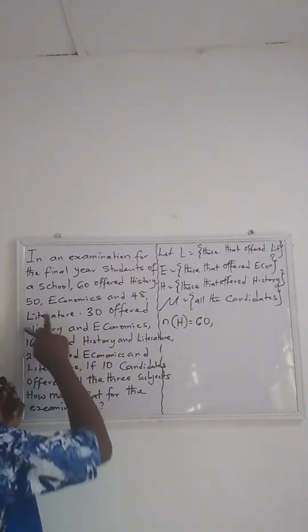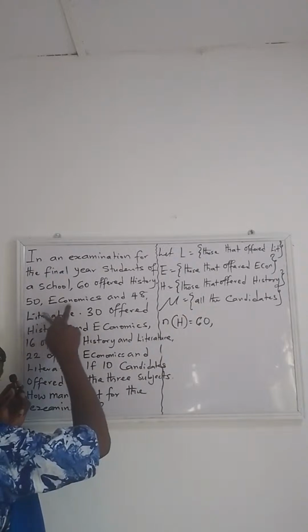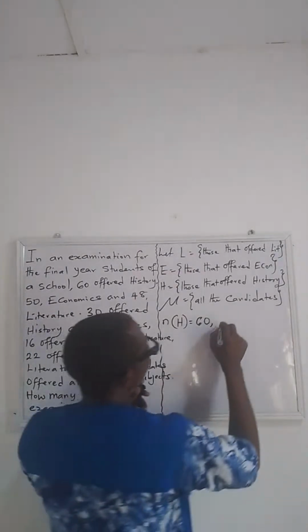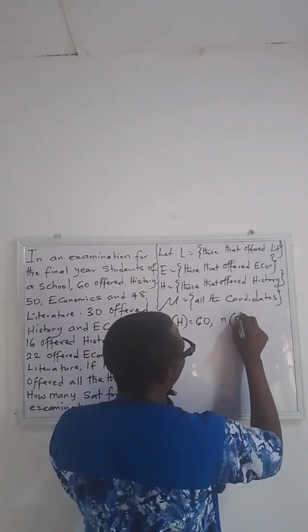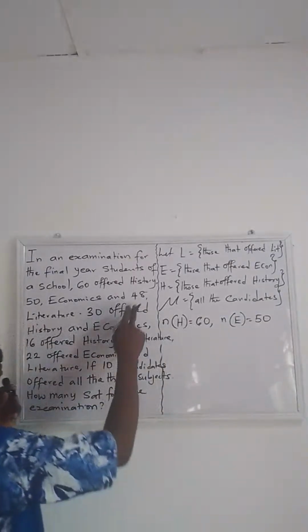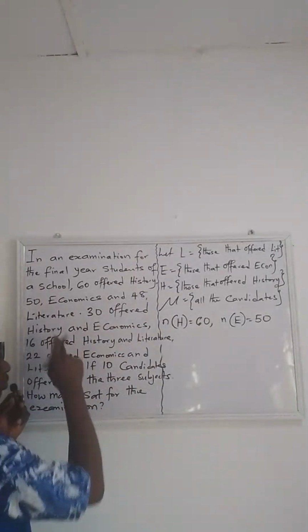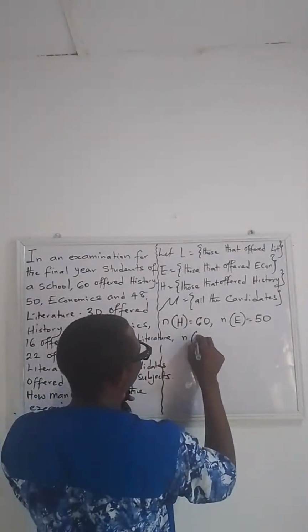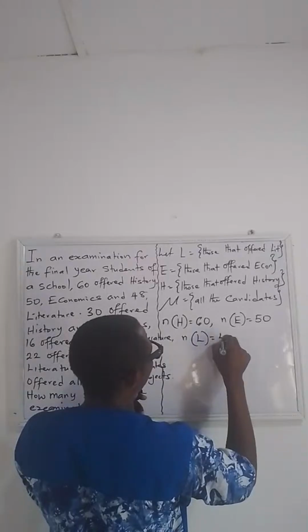Now let's go on. 50 economics: the number of those that offer economics is 50. Now, 48 literature. So the number of those that offer literature is 48.